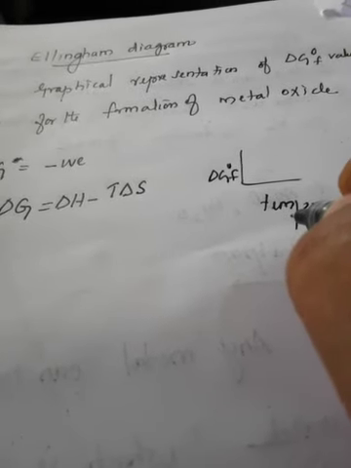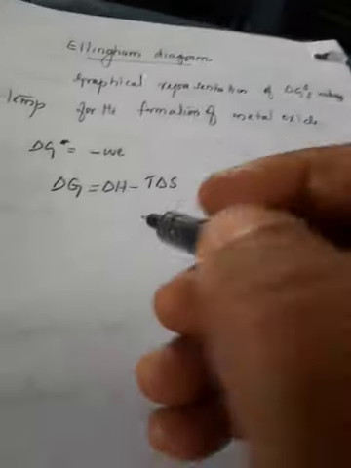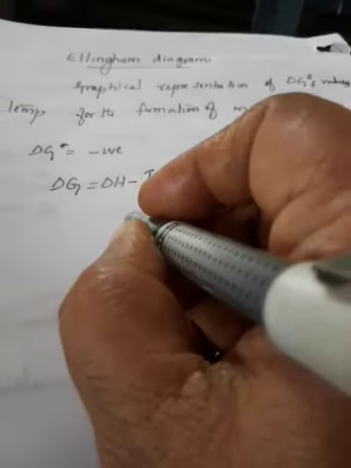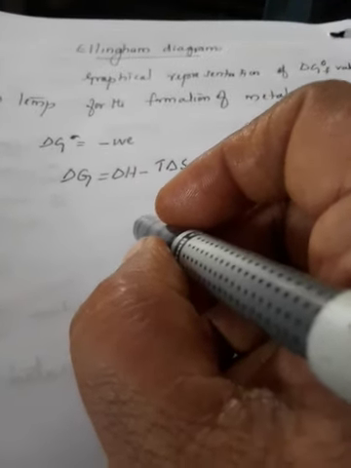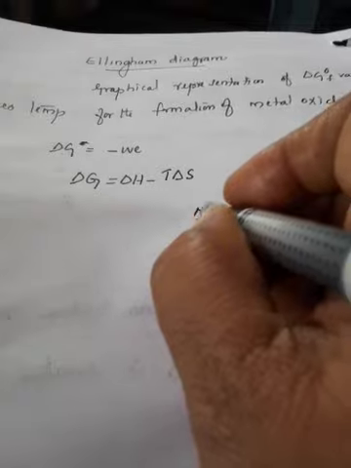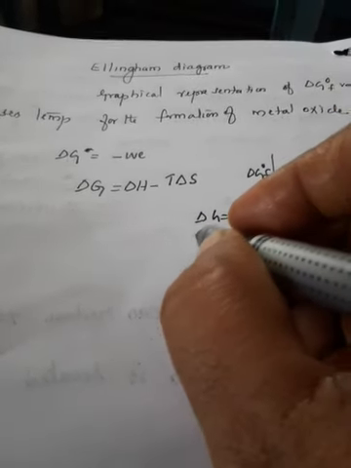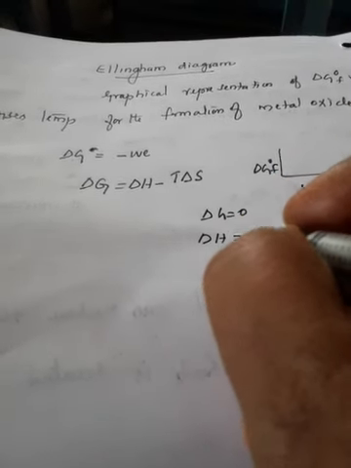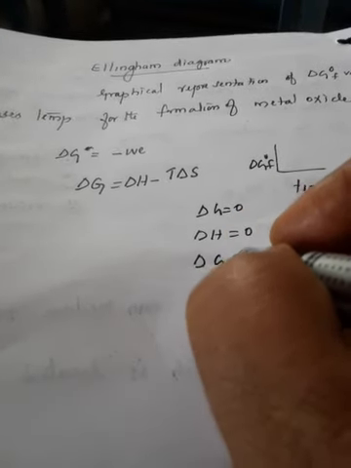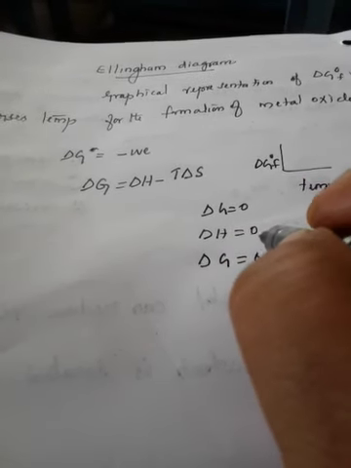In this reaction, the spontaneity can be checked by delta G or delta G naught values. For an equilibrium process, both sides, reactant and product, are equal. In that situation, delta G will be equal to 0, delta H will be equal to 0, delta S will be equal to 0. Nothing will be changed.